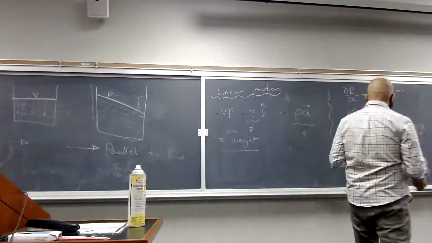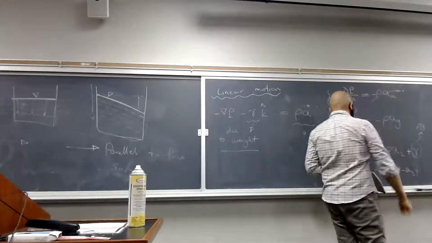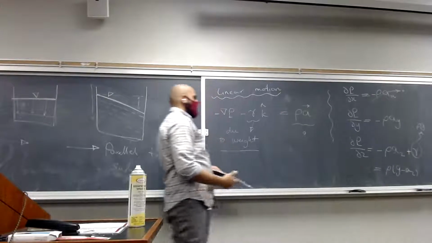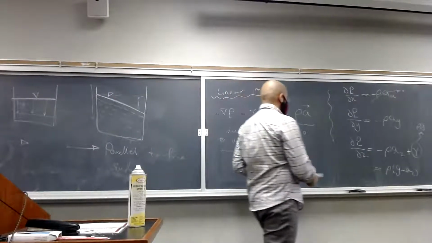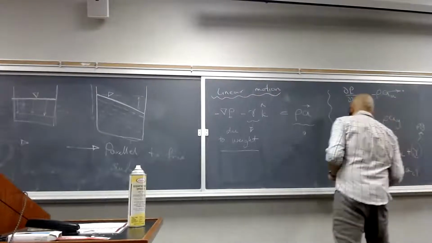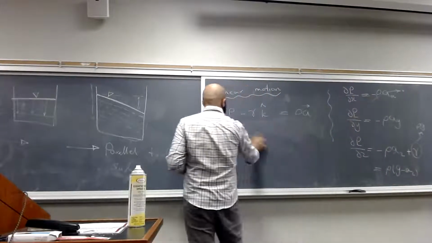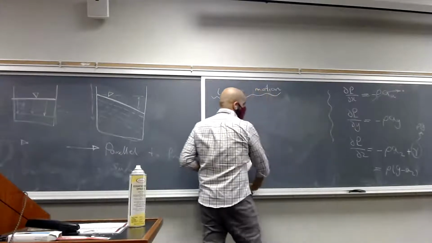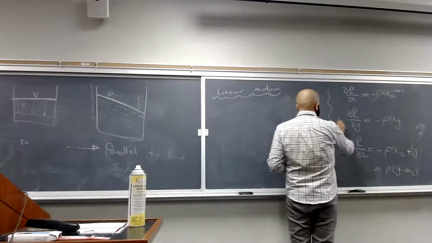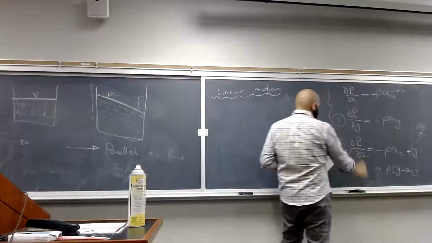And we only are going to have motion in the y direction and the z direction. We will also have the weight force that is being applied in the z direction. So for linear motion, these two are going to be our main equations.